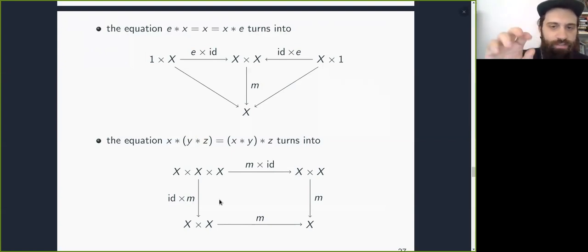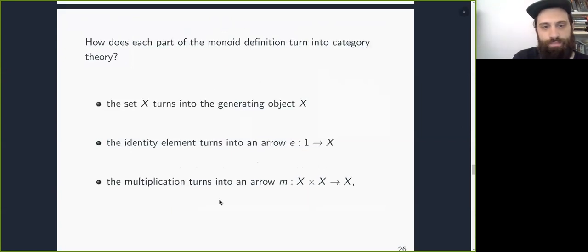So we're actually building out the Lawvere theory right now. In defining it, we're saying that these are diagrams that definitely exist in the Lawvere theory. Why do they exist? Because we're sticking these arrows in here, this E and this M. This E and this M need not exist in a Lawvere theory. But I'm trying to define a Lawvere theory for a monoid, and so I'm going to stick these in here because I want them.